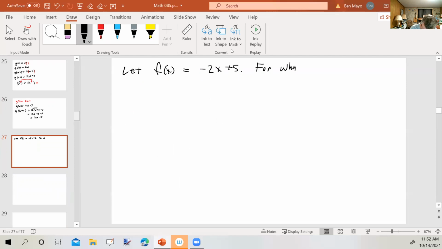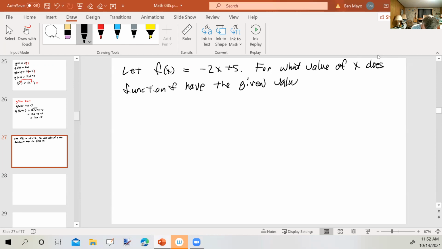For what value of x does the function f have the given value? And it says f of x equals 5.